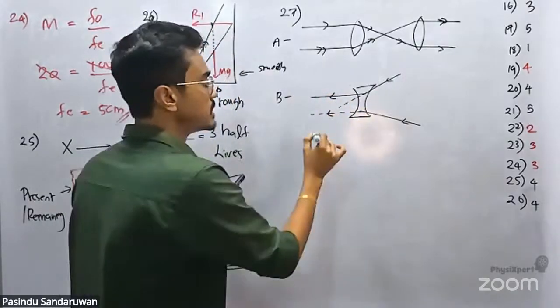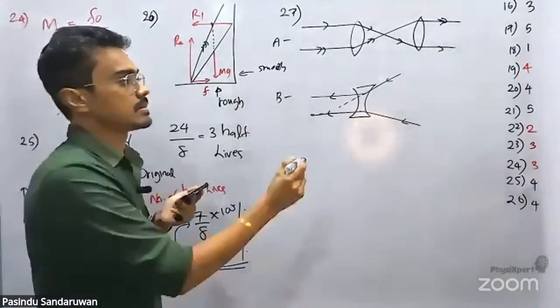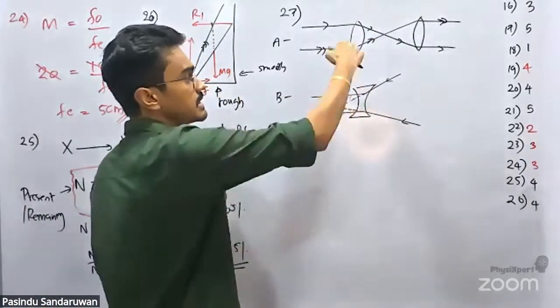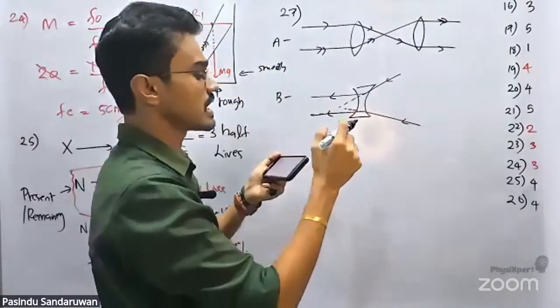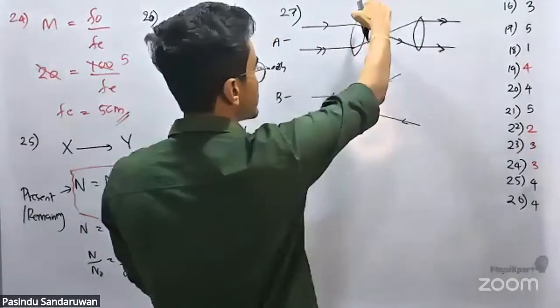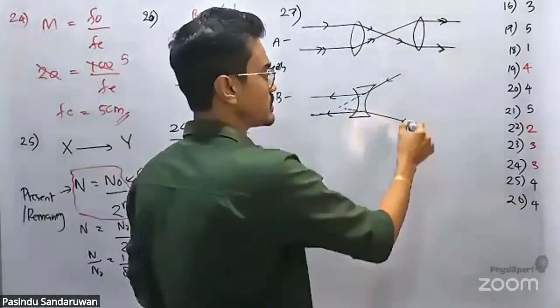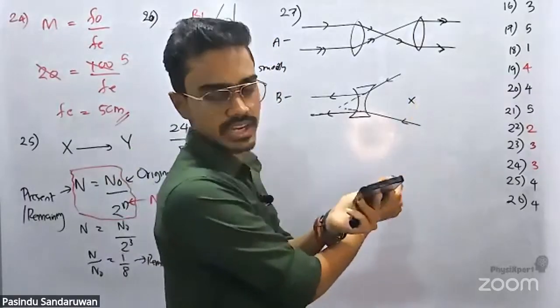This is possible using concave lenses. But these two are not going to be switched. The single arrow coming from here and going here, using concave lenses we can't do it. Concave lenses can make the cross.